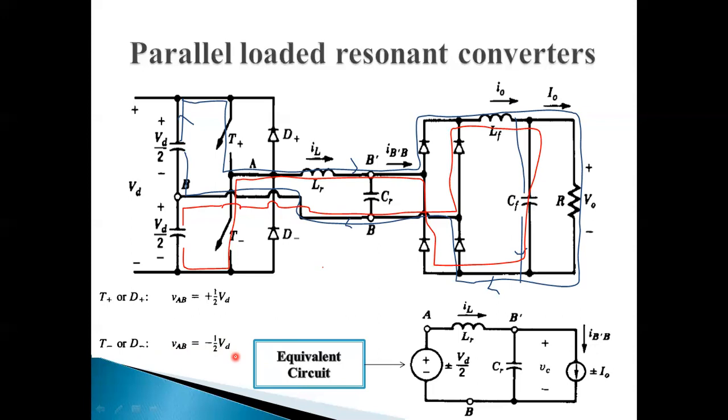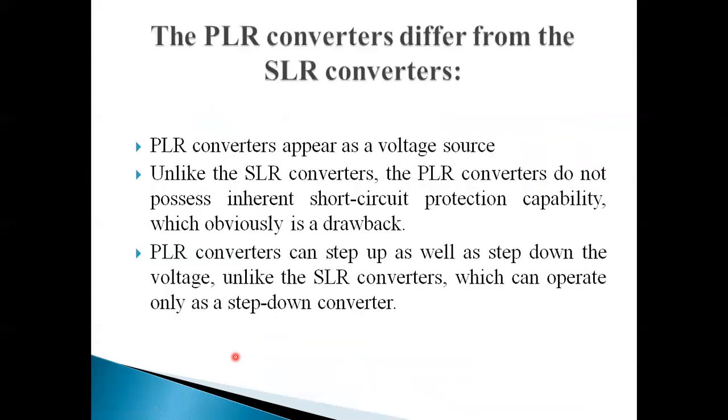This is the parallel loaded resonant converter. Now there are some important notes for the parallel loaded resonant converter and the series loaded resonant converter. We discussed the series as well as the parallel loaded resonant converter.